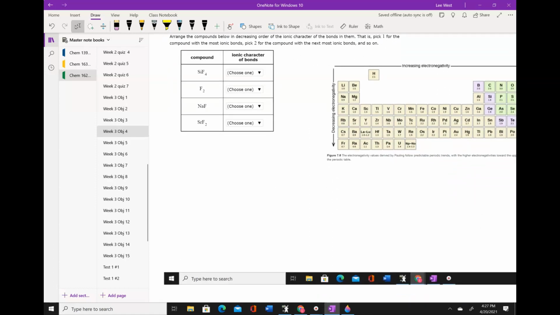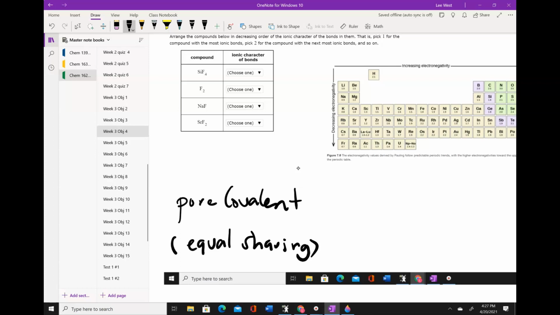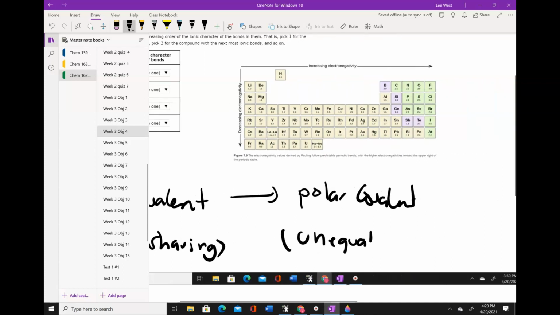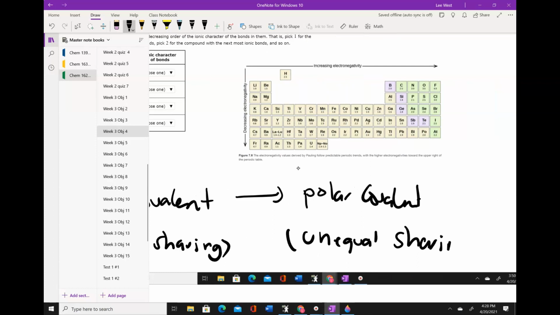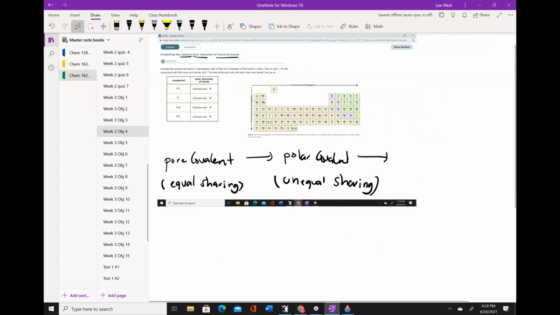What's important here is to recognize that bonds range from pure covalent, where we have perfectly equal sharing of electrons, through what we call polar covalent, where we have unequal sharing of electrons, to when we no longer have sharing of electrons at all, and we have what we call ionic bonding.